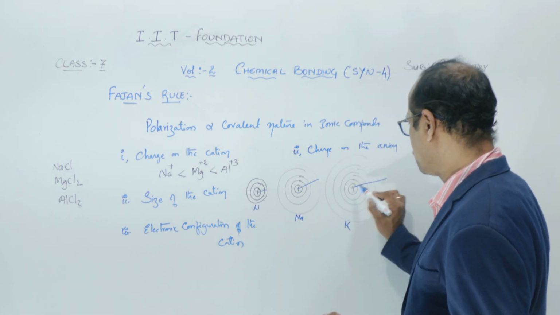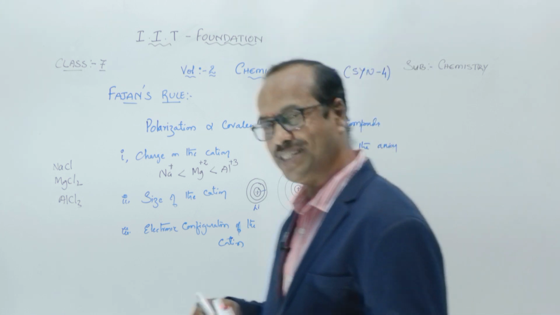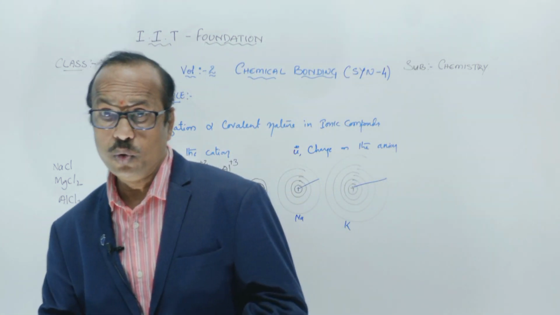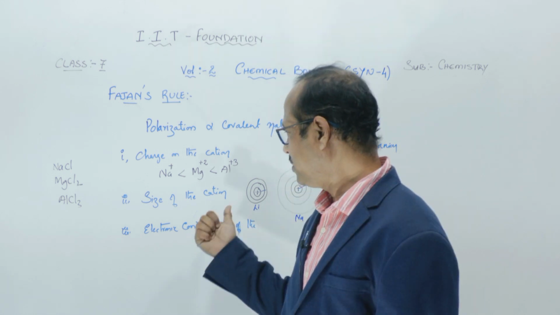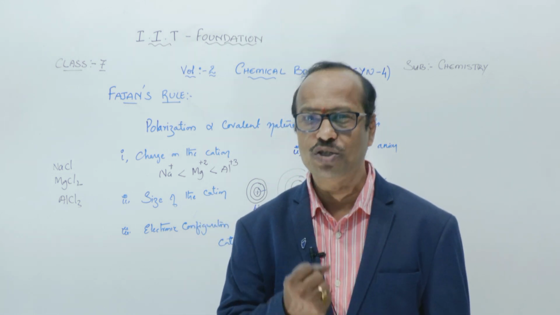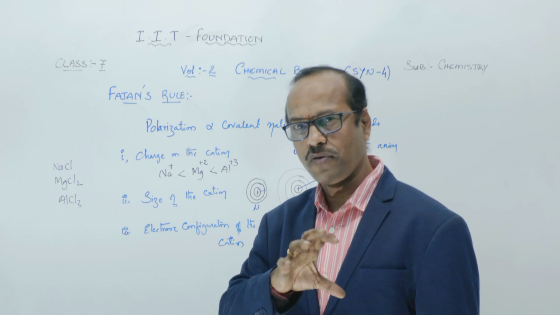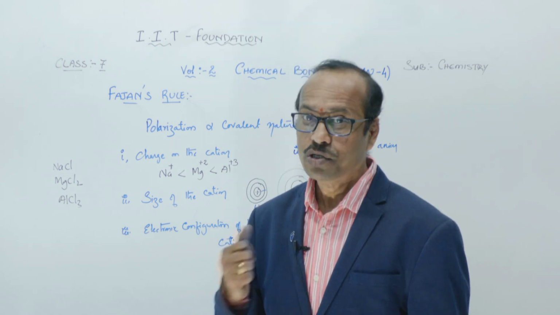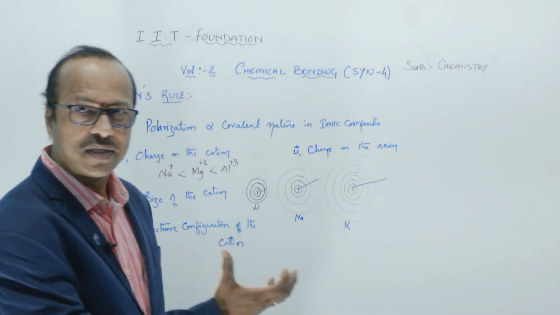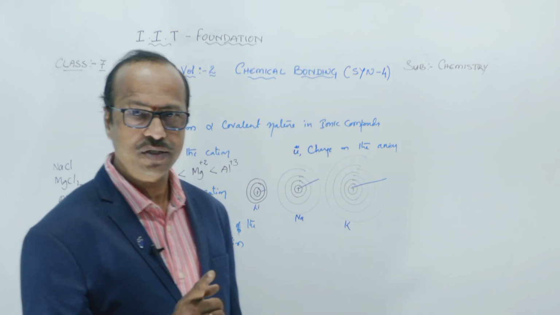And here, to pull, it's so far, the force of attraction is less. Right? So if the atomic size is small, the cation size is small, then the force of attraction over the electron will be more. Yes or no? So that distorting power is also more. Is this clear to you?